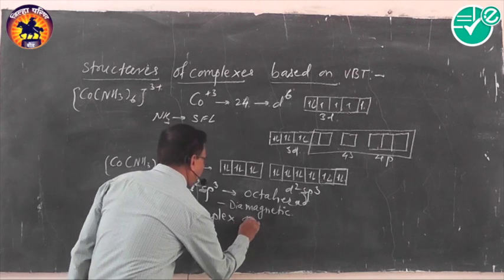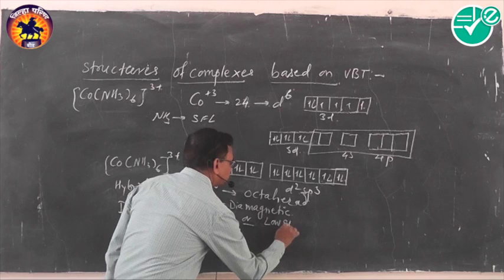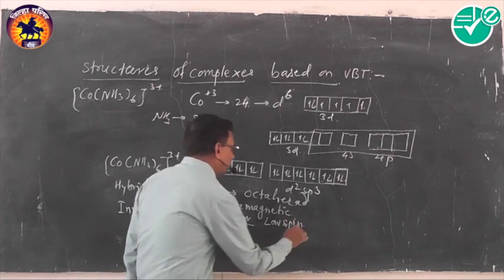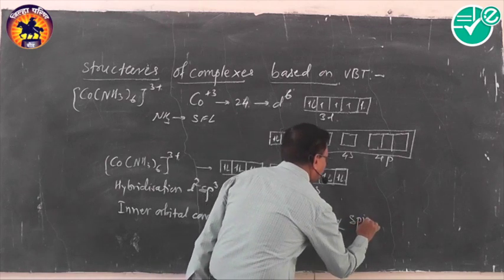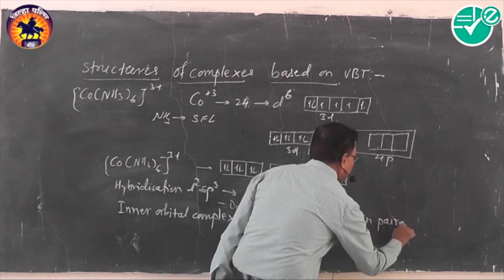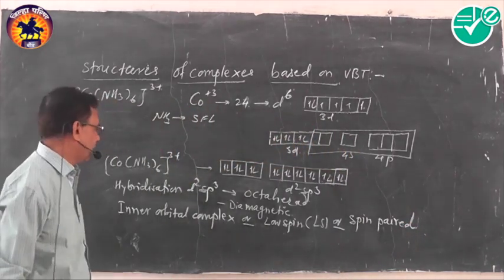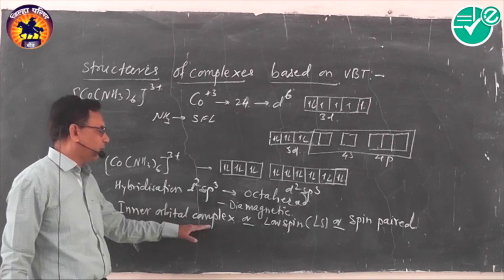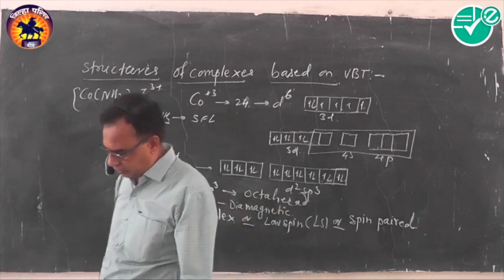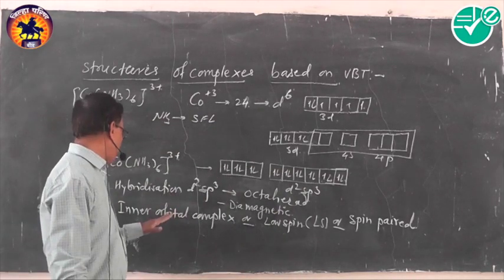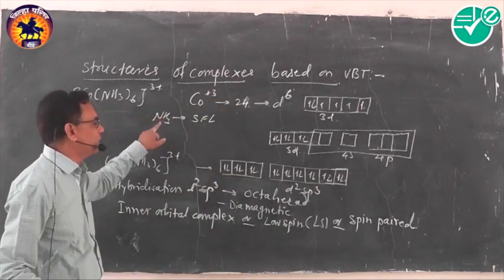This inner orbital complex is also known as a low spin complex, or spin paired complex. So this [Co(NH3)6] 3 plus is also known as an inner orbital complex, low spin or spin paired. This is the structure of [Co(NH3)6] 3 plus.